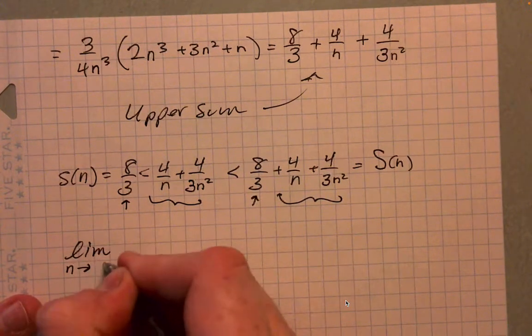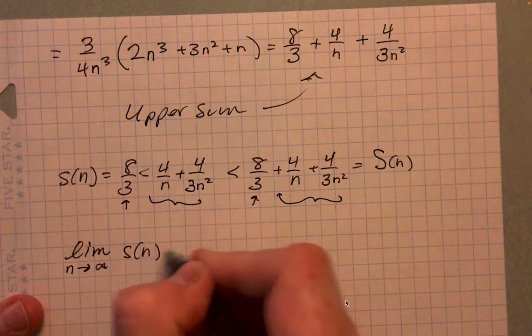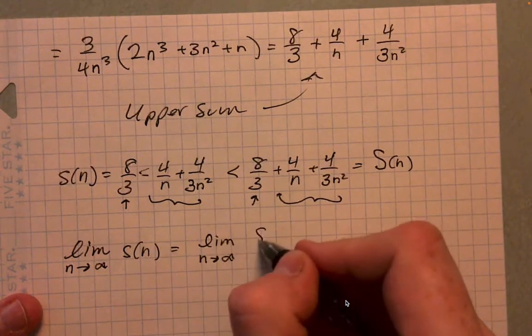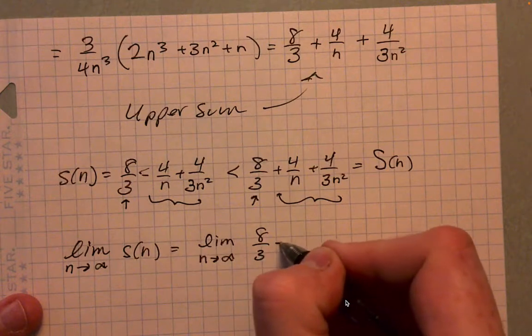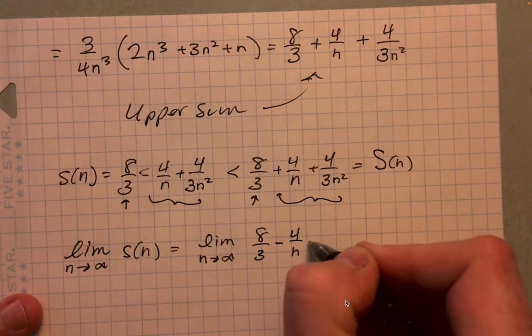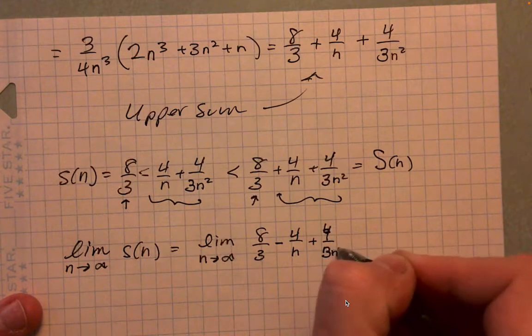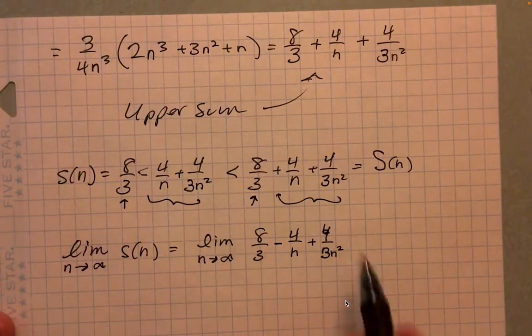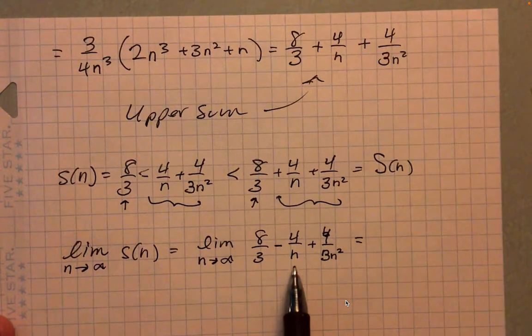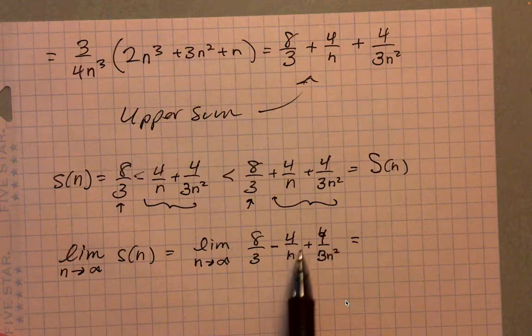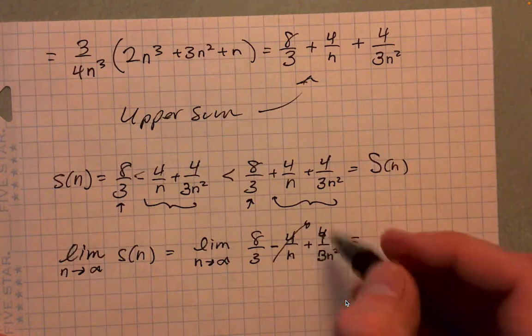Limit as n goes to infinity of little s of n is the limit as n goes to infinity of 8/3 minus 4 over n plus 4 over 3n squared. Now what happens here? Well, this is 4 divided by n. n is growing without bound, so this term here is going to go to 0.